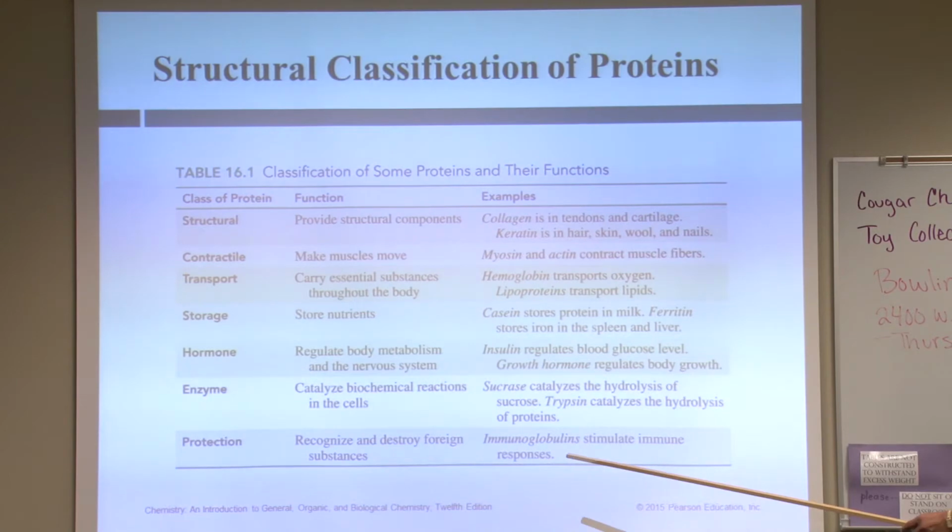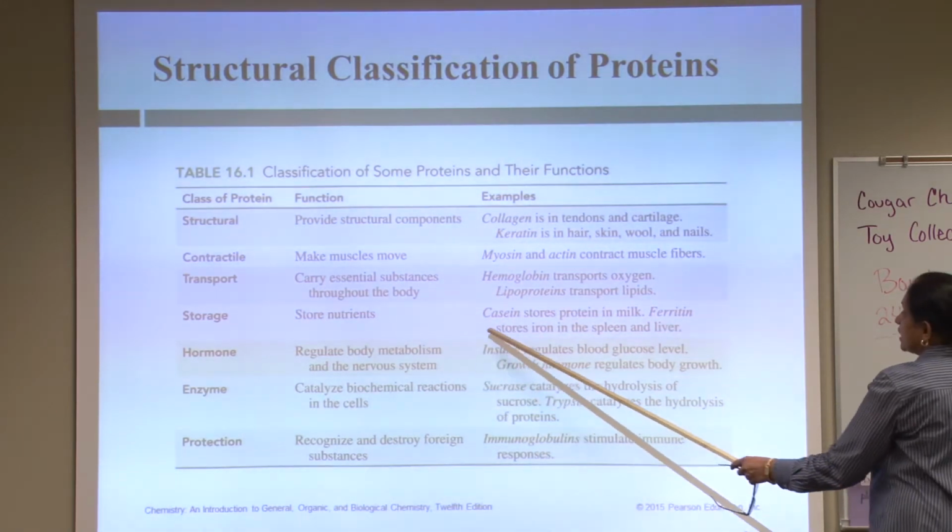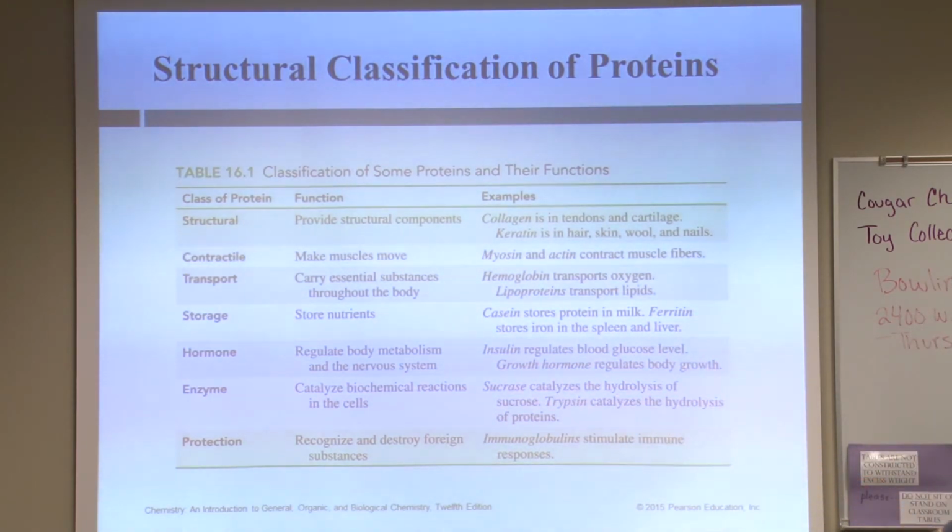Then for storage, these are proteins that store nutrients. For transport, they carry essential substances throughout the body: hemoglobin, and lipoproteins that we discussed in the previous chapter, which transport lipids, are proteins. So they help in transport as well.